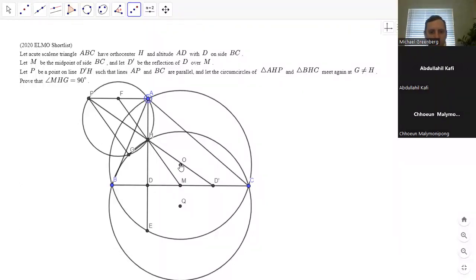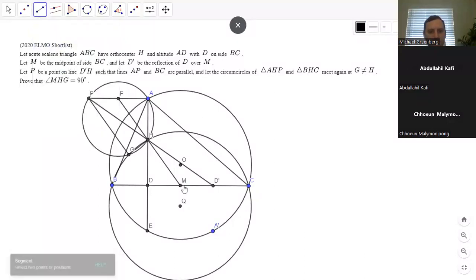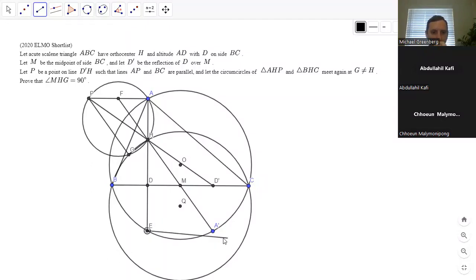We know that. So F, H, M, and A prime should be collinear. So HD equals DE and AF equals FP. I don't know if we can use that somehow. It should be parallel.